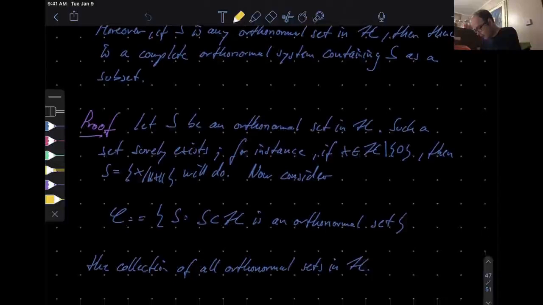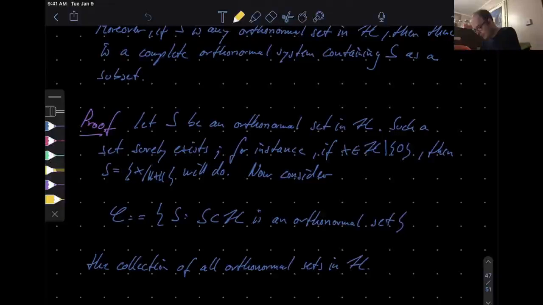So how to do this? Well, you say let S be an orthonormal set, noting that at least one of those exists because you have at least one non-zero vector, and that allows you to define this orthonormal set. Now you have to consider the following collection: the collection of all orthonormal sets. Now to prepare an application of Zorn's lemma, you have to introduce a partial order on it, because the first statement in Zorn's lemma was X a non-empty partially ordered set.